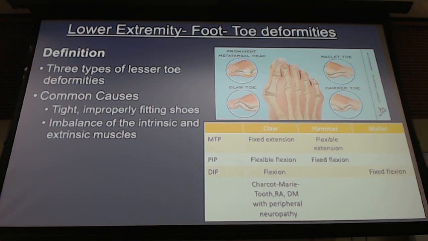Claw toe looks exactly as it says, like a claw. Your MTP, the metatarsophalangeal joint, where the metatarsal meets the first phalanx, is usually fixed in extension, pointed upwards. And then the other two joints may be fixed in flexion or not.